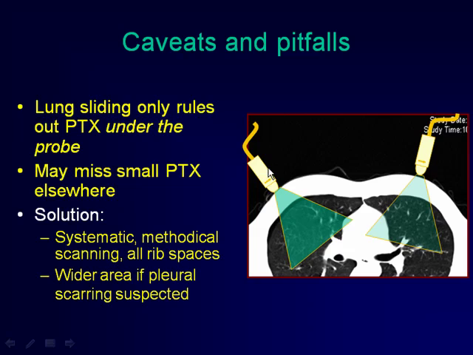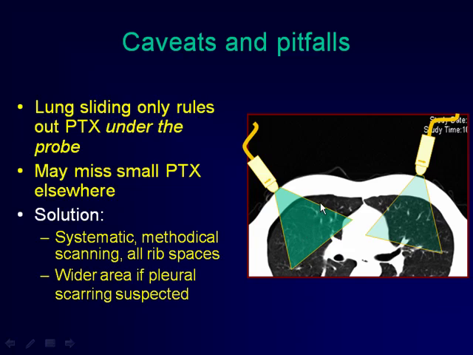It's important to remember, as one of the caveats in doing this, that lung sliding only rules out pneumothorax under your probe. So if you look at someone with a small pneumothorax like this, it's quite possible that you'd have an area where there is lung sliding seen, and then an area where there's no lung sliding, and then an area back here where there is lung sliding.